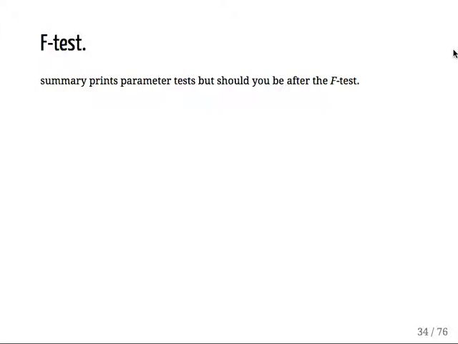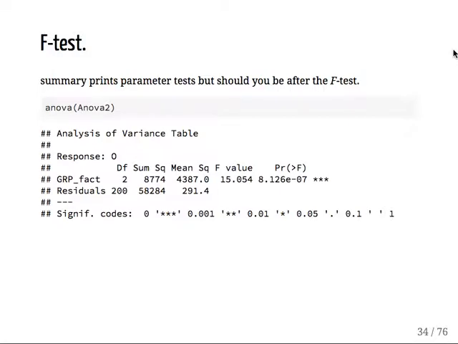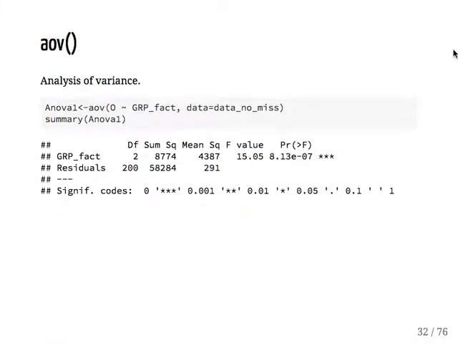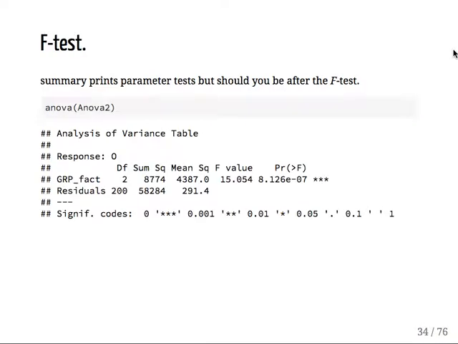So it prints the parameter tests, but what you are interested in after this is the F-test, which you need for your statistics report. So in order to do that, you do anova of the lm object, and then you have this type of thing. And they should look quite similar, sorry. They shouldn't look any different. So 15.05 and 15.054.